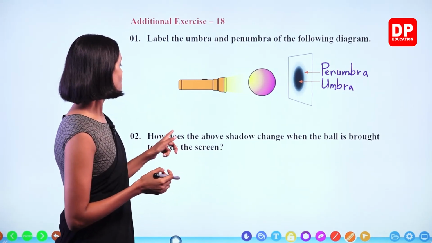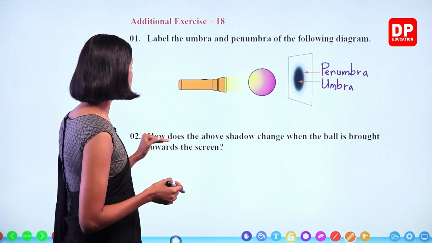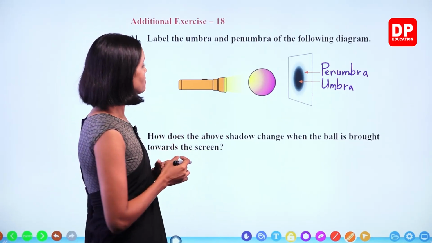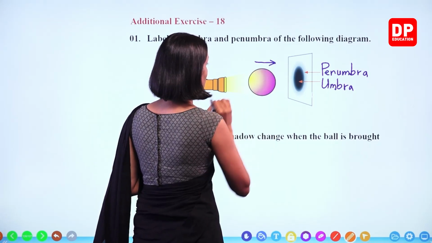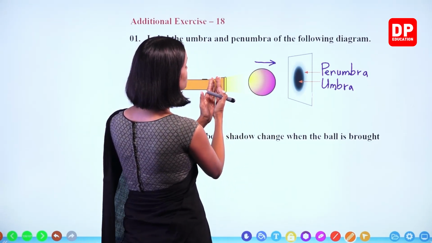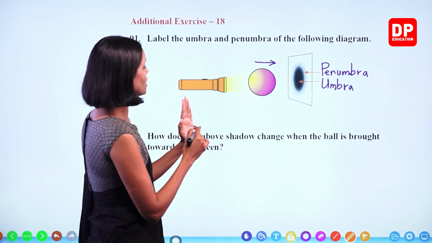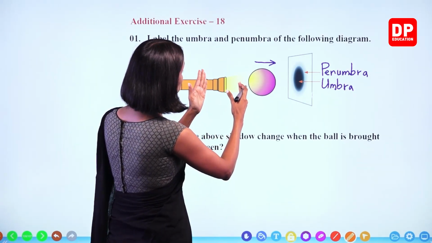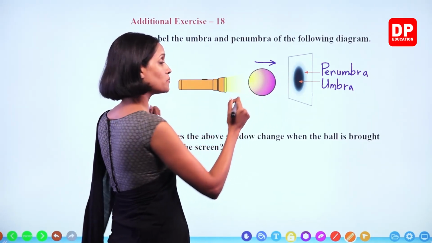Right? How does the above shadow change when the ball is brought towards the screen? So when the ball is brought towards the screen, which means the ball is moved away from the torch. So you all know that when the distance between the ball and the torch increases, what happens to the umbra?